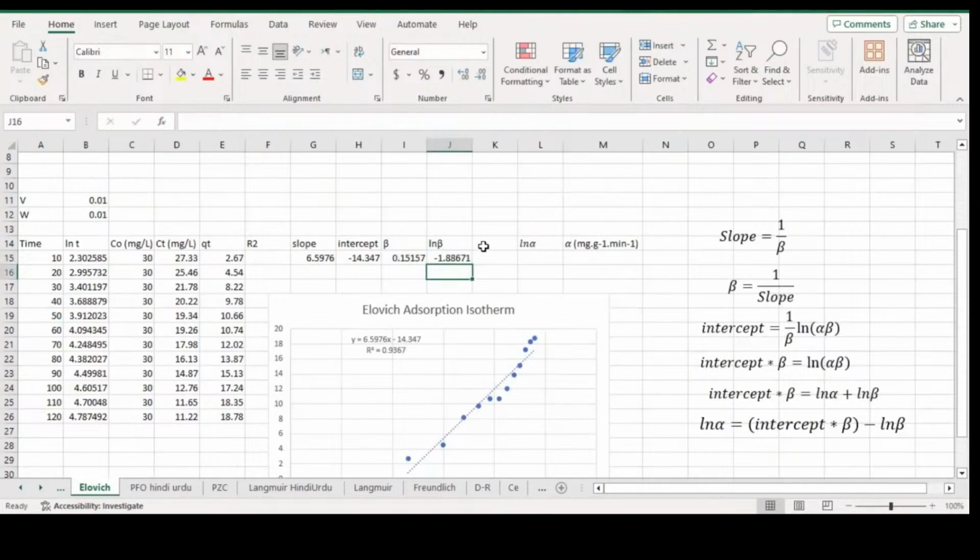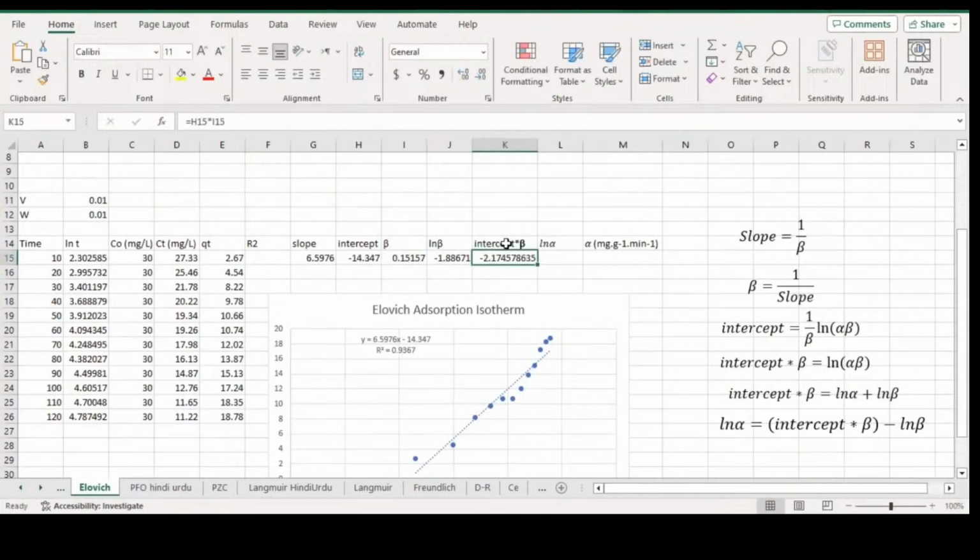Our ln alpha is equal to intercept into beta minus ln beta. So this is the value of ln alpha.